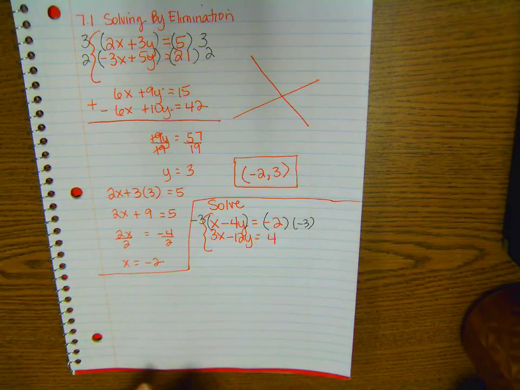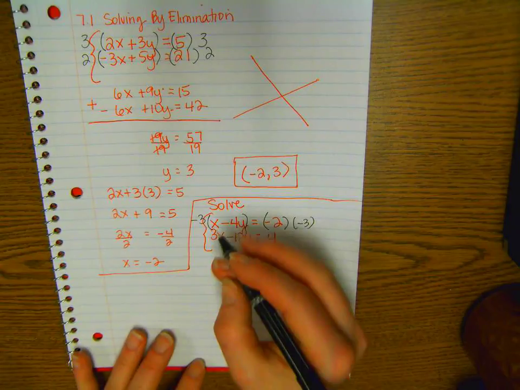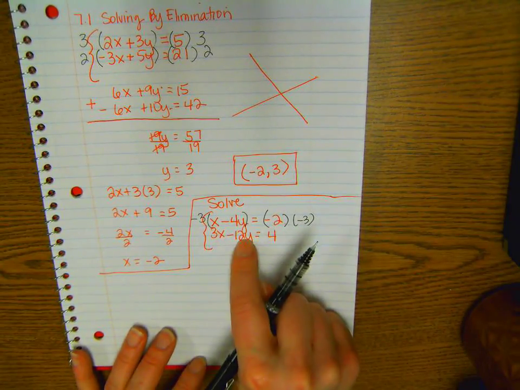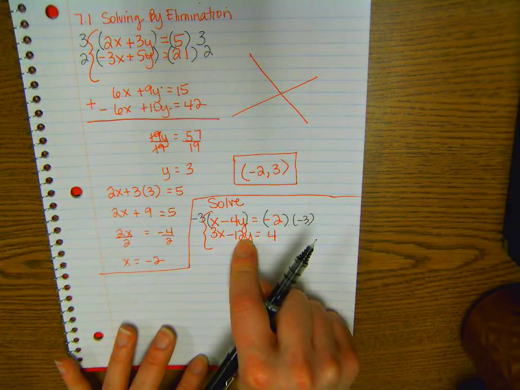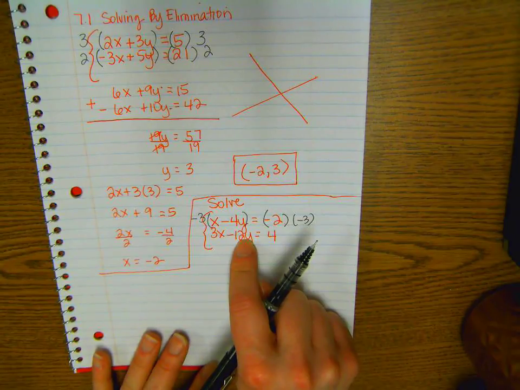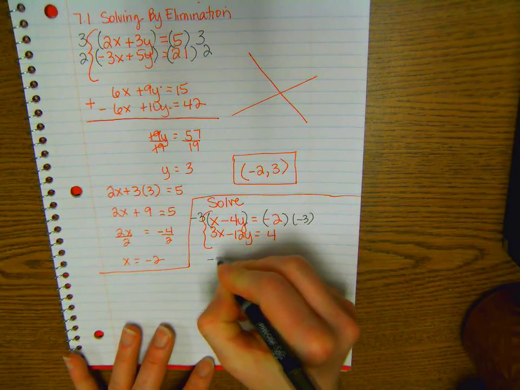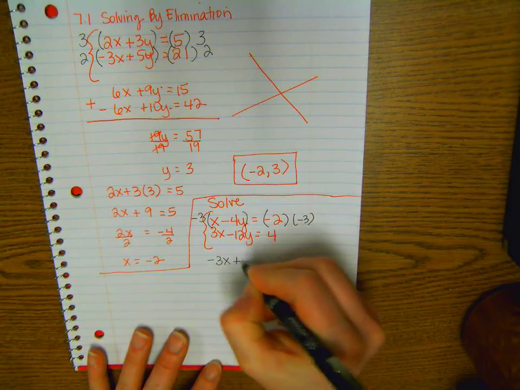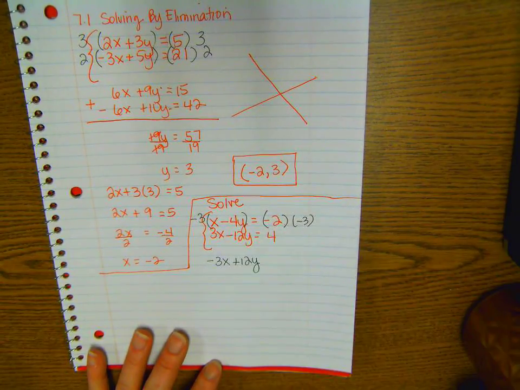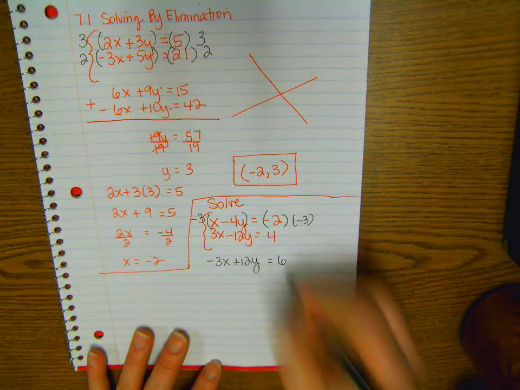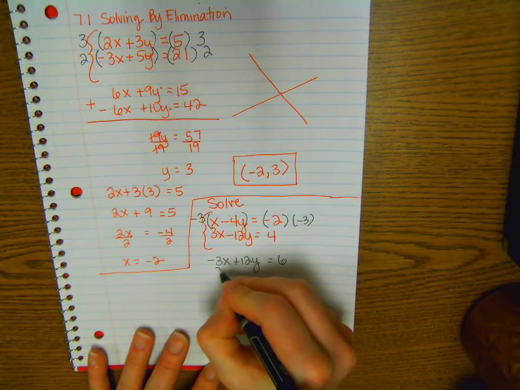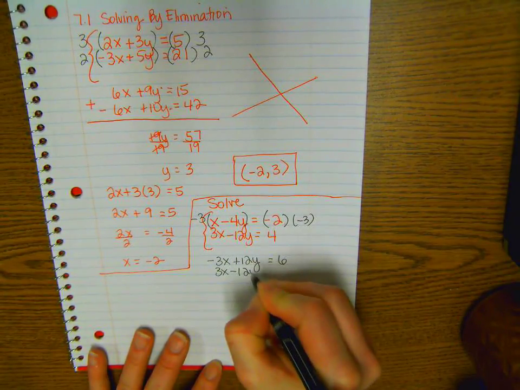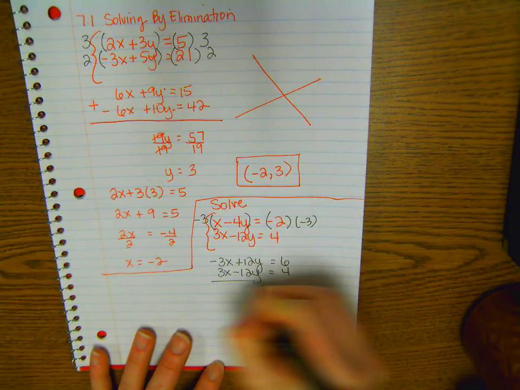You could do y's as well, but you're going to see it's going to be the same thing, because if I wanted to get a 12, wouldn't I multiply by negative 3? In this case, only because there's no solution, but you can eliminate the x's or the y's. When I multiply the top by negative 3, this is what I get. The bottom stays the same. So what happens then?